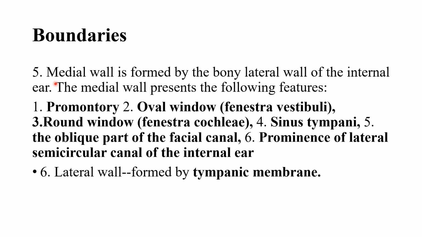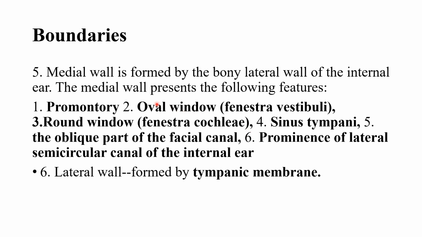So it is the impression of something that is present beyond this medial wall inside the internal ear. That structure is the cochlea, and this prominence on the medial wall is called the promontory.